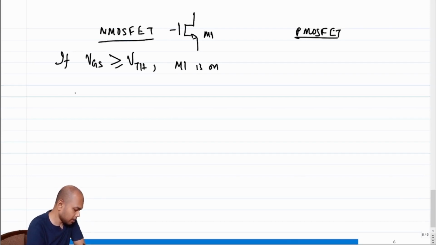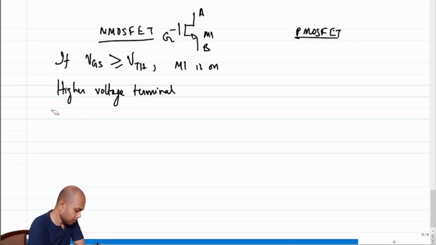What else do we know? We also know that the higher voltage terminal between, let's say I call this G, this is A, between B, the terminal between A and B is drain.